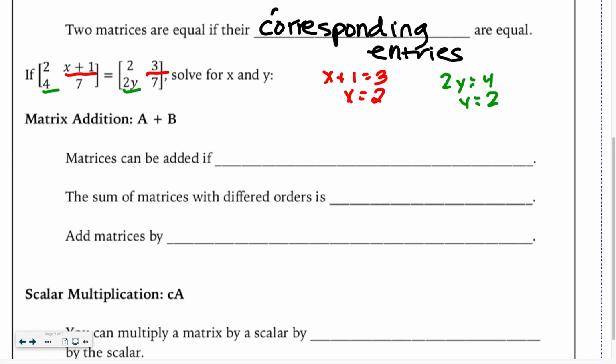Okay, matrix addition. Does anybody remember from Algebra 2 what must be true about matrices before you add them? Oh, sorry, you're just all whispering. They have to have the same order. Matrices can be added if they have the same order.